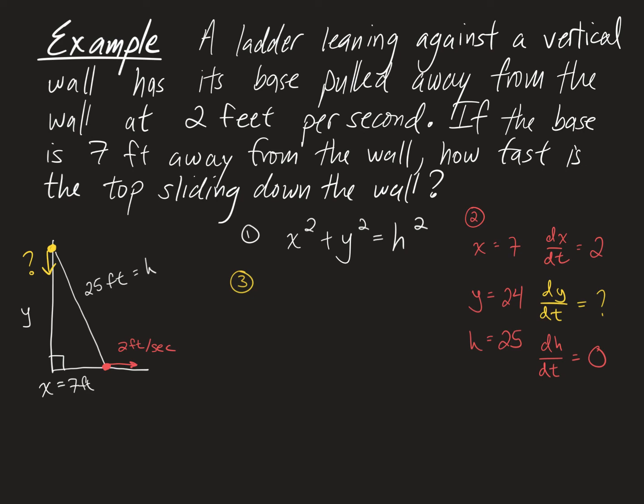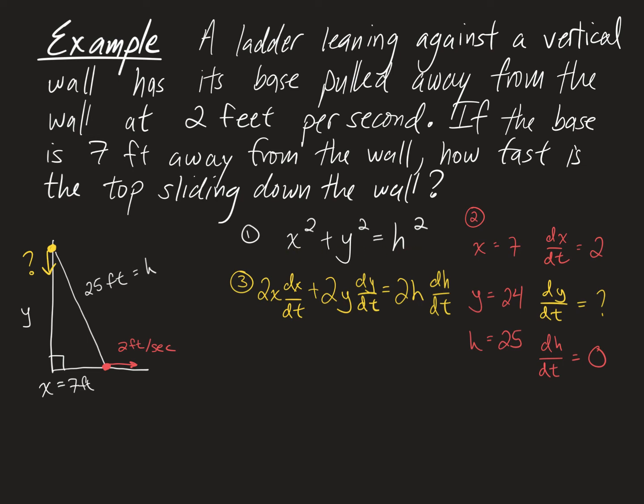And so essentially, again, we just get to take the derivative as normal. And then since we're taking the derivative with respect to t, we have to apply the chain rule to all 3 of these variables. So dx/dt, dy/dt, dh/dt, and now you have the derivative of this equation.